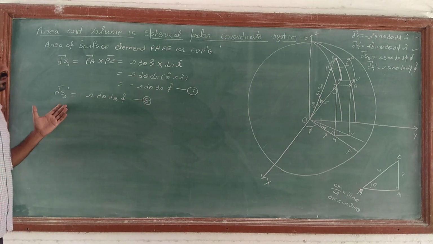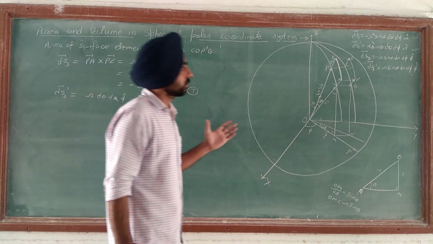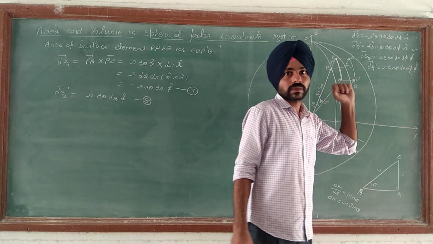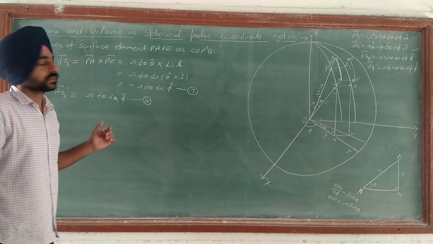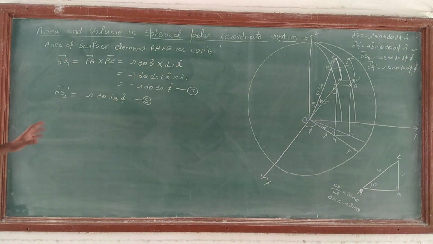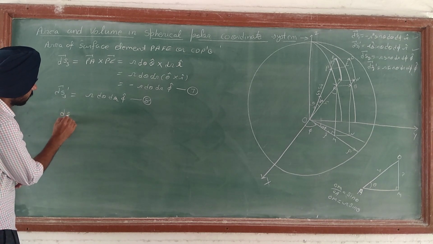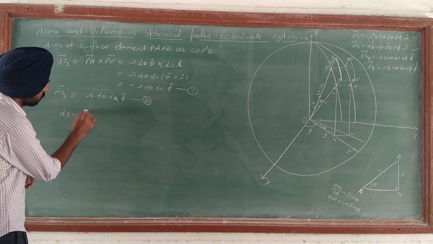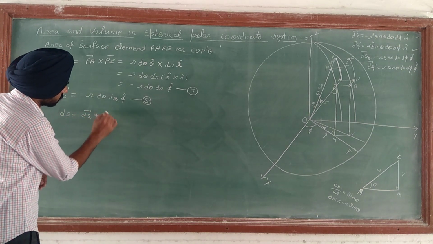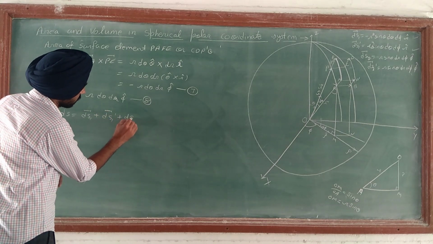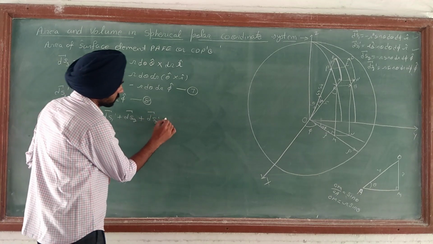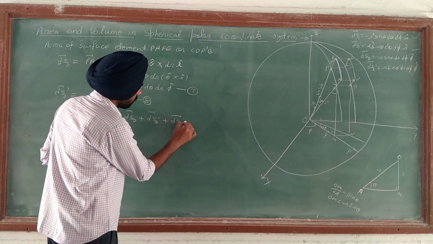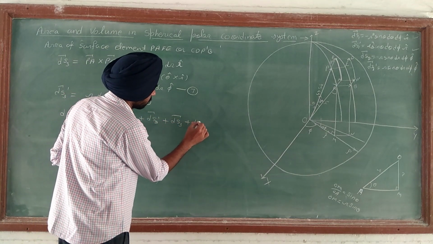So we had to find out all the area elements of all the 6 faces. Now we have to find out the total area of this element. So if we do the sum, ds is ds1 plus ds1 prime plus ds2 plus ds2 prime plus ds3 plus ds3 prime.